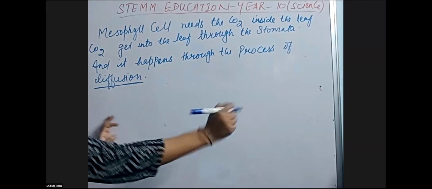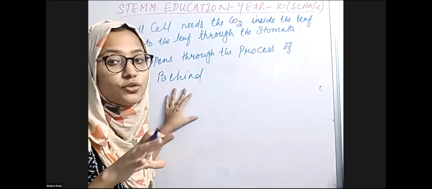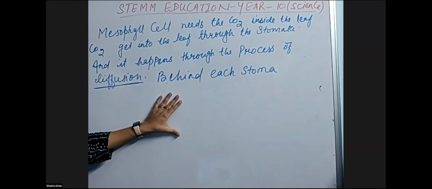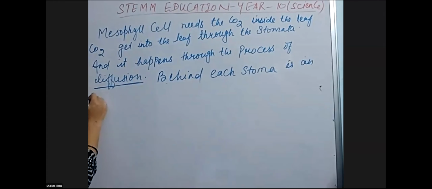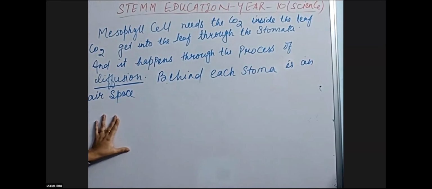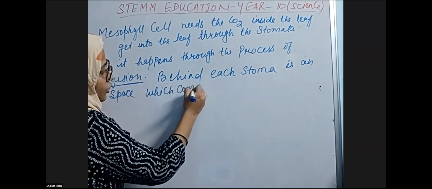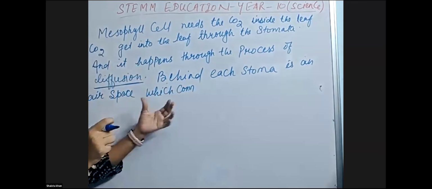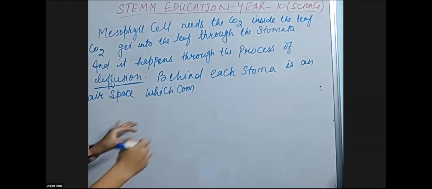All right? Behind each stoma, which is present in the mesophyll cell, there is an air space present. If you remember the structure of the leaf, you will easily connect these terms.